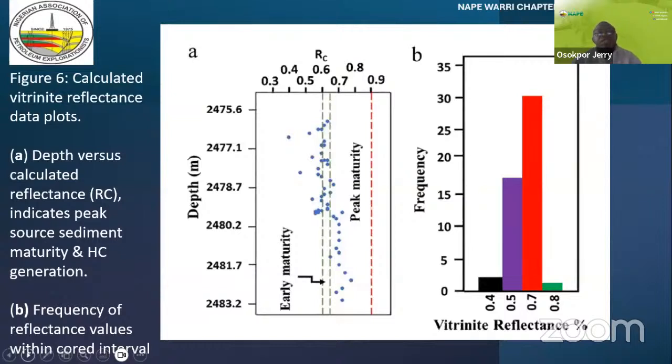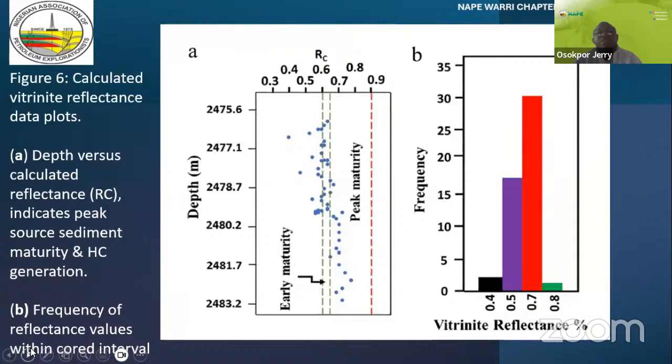Now, as I said, in order to do vitrinite reflectance analysis, the petrographic methodology is normally used, but the rapid method that we adopt is to use Rock-Eval pyrolysis data to calculate vitrinite reflectance.